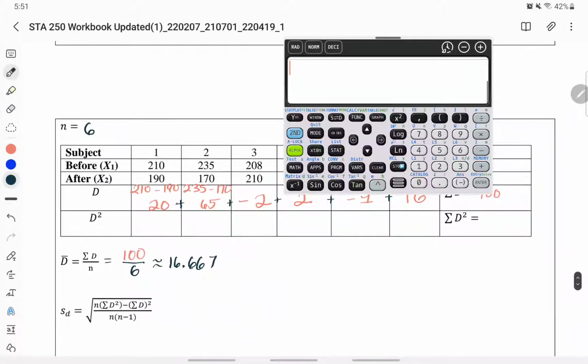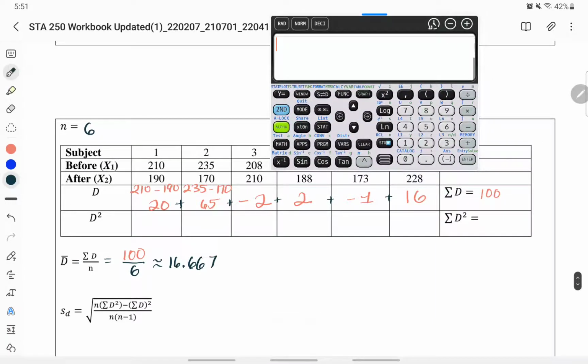Now we have to find the standard deviation for our difference. So we must square all of our D's and then add them up. The first D is 20. So if I square 20, that is going to be 400. The second D is 65. So when I square 65, that's going to equal 4,225.